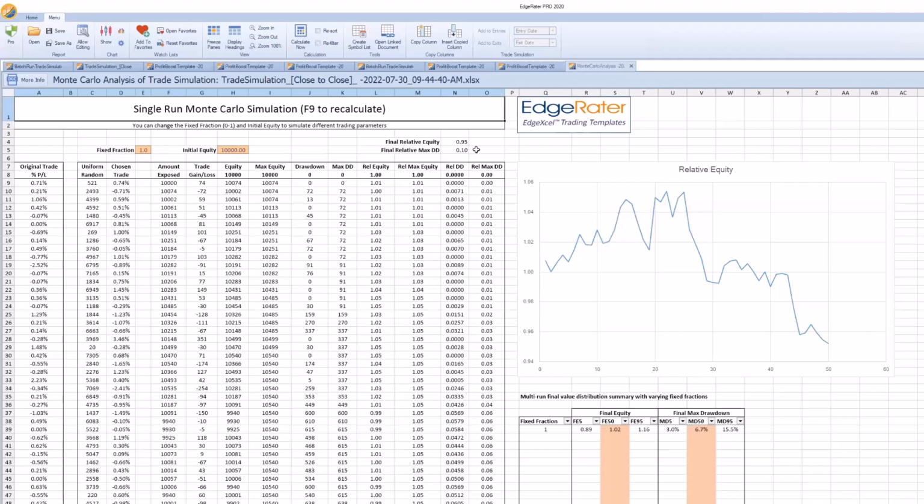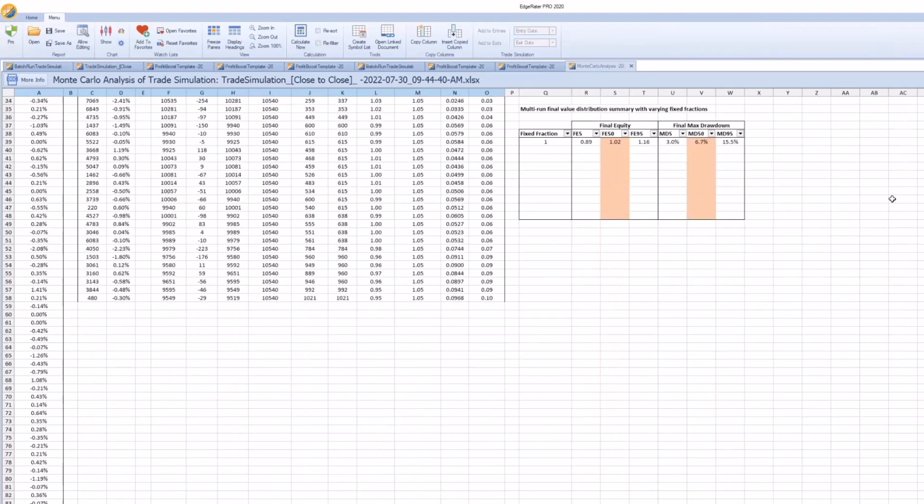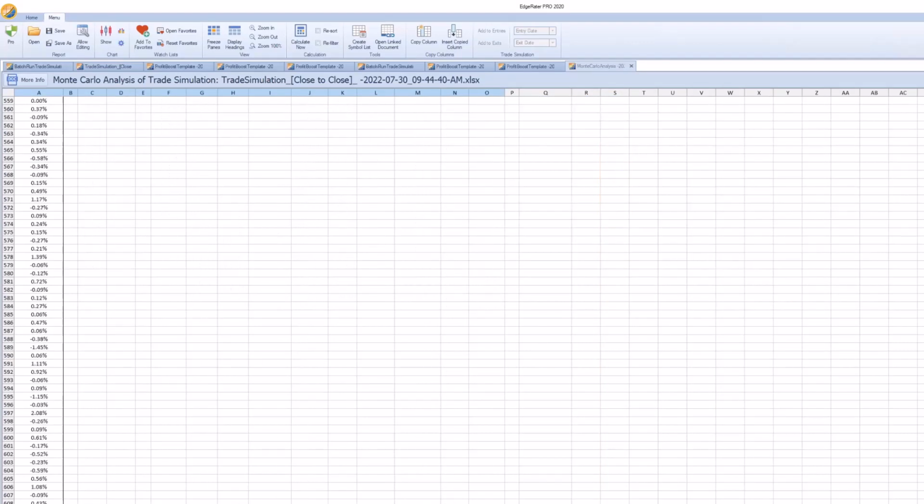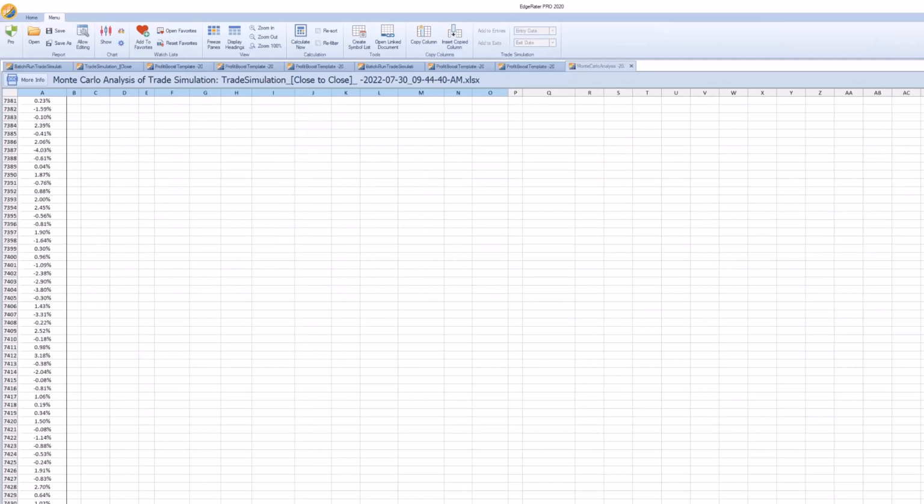So what's happened? The way this has worked out is that you've got original trades over here on the left-hand side. And you can see that this goes down because we're looking at all of the data, 7,436, that's the number of bars. Each one of these represents the gain for that particular close-to-close bar.